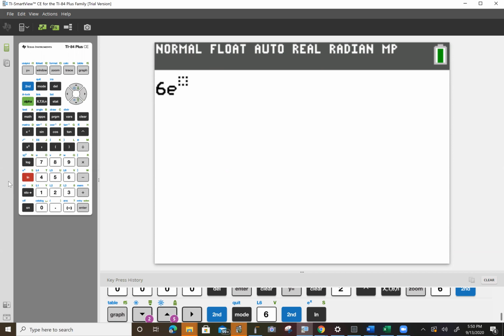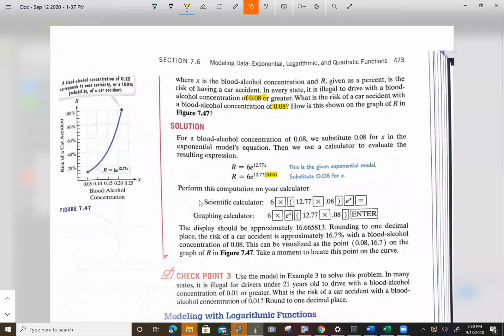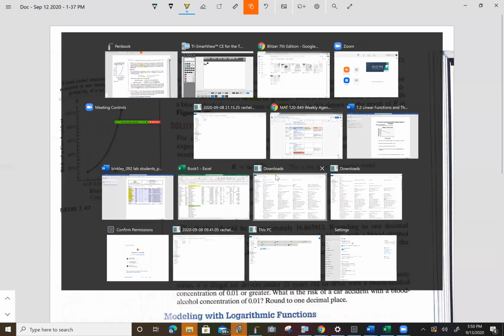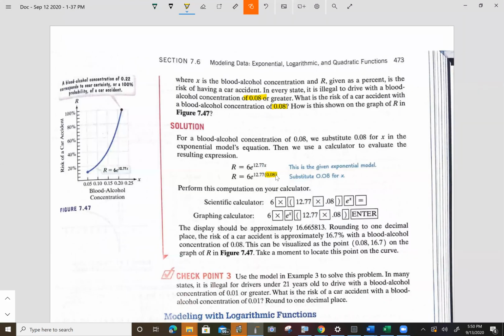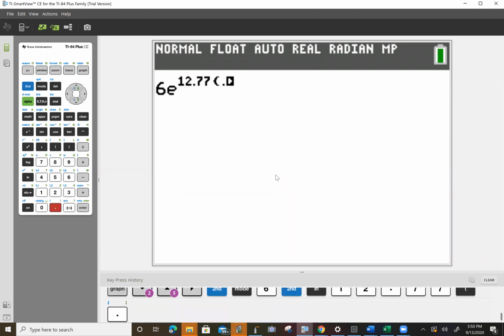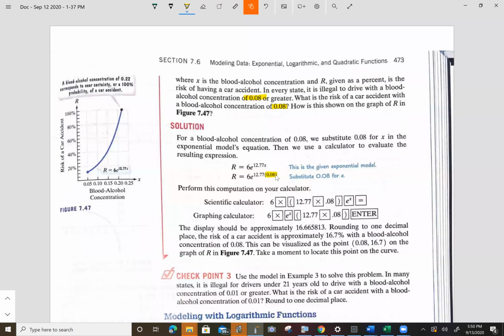And then the equation says 12.77 times x, but instead of x, we are going to put 0.08, the blood alcohol concentration. And our output is 16.67, which is exactly what they got.